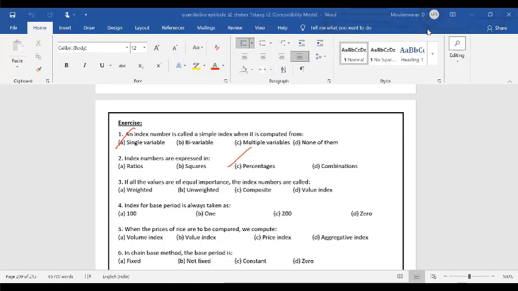If all the values are of equal importance, then index numbers are called weighted. Index for base period is always taken as 100. When the prices of rice are to be compared, we compute the price index. Chain based method we didn't solve, so leave the sixth question.